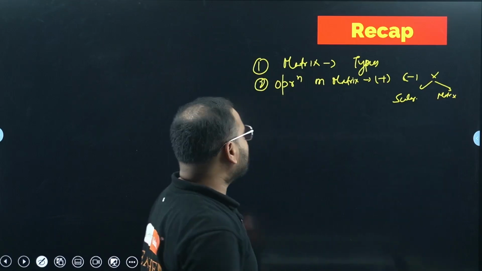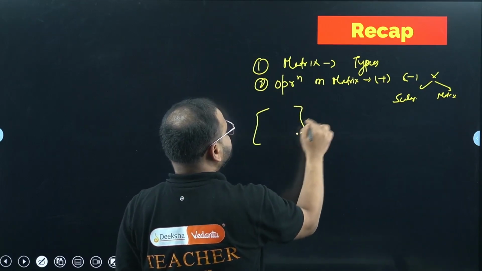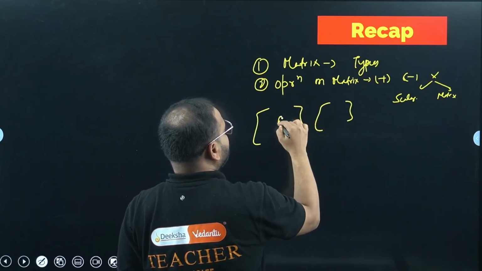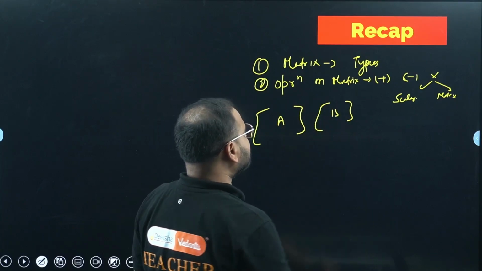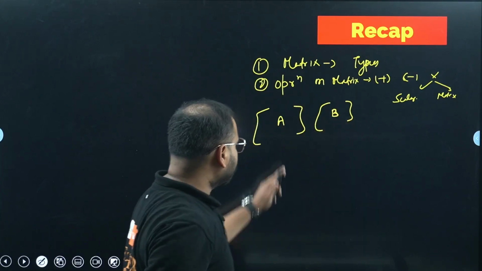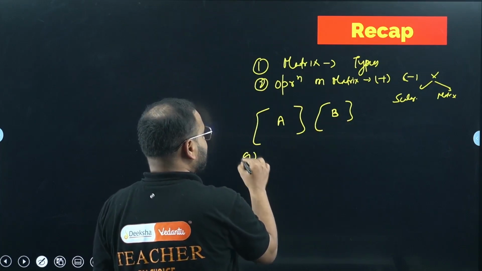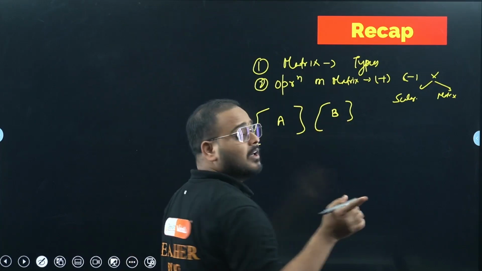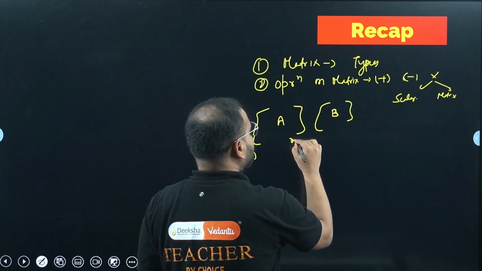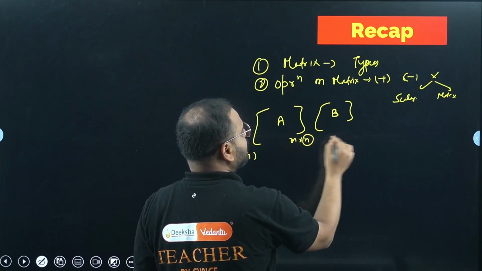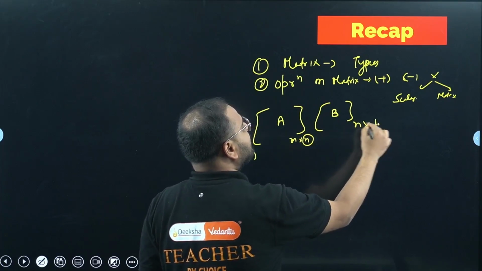Remember, in matrix multiplication one matrix is multiplied with another matrix. What was the consideration? The first important point was that if I write A as m cross n, the number of columns should be equal to the number of rows in the other matrix.